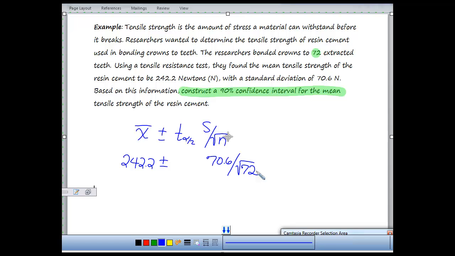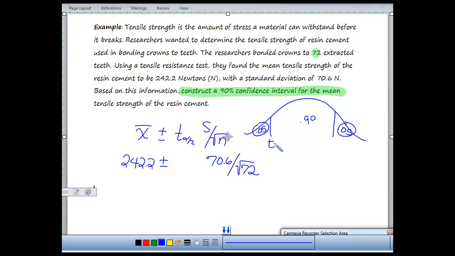We're looking at a 90% confidence interval. So that means I've got 90% of my values in the middle. Alpha in this case is 10%, and so we have half of alpha in each tail, or 0.05 in each tail. Since I'm using a t-distribution, I need to figure out the t-value that separates this lower 5% from the middle 90% and from the upper 5%.